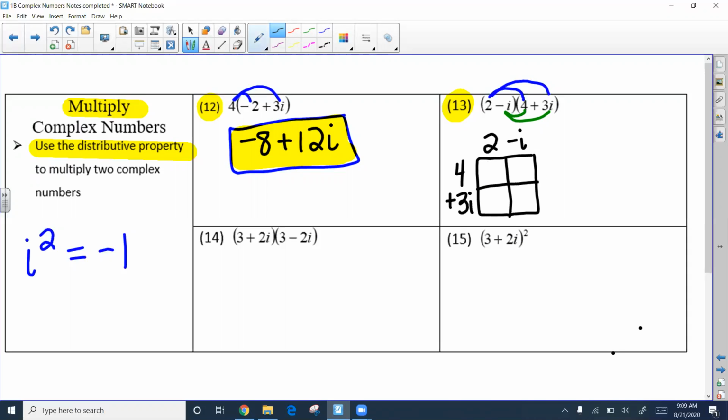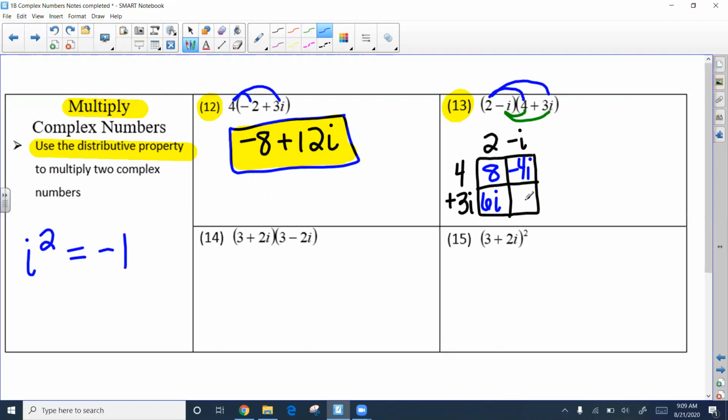So I'm setting up my box for box method. Then I'm going to multiply the numbers on the side. So inside the box right here, 4 times 2 is 8. In this box, I have 4 times -i, so I just write that as -4i. In this box, 3i times 2 would be 6i.